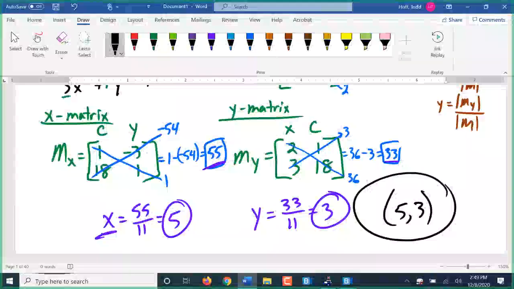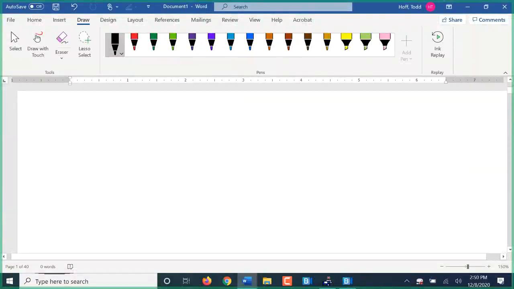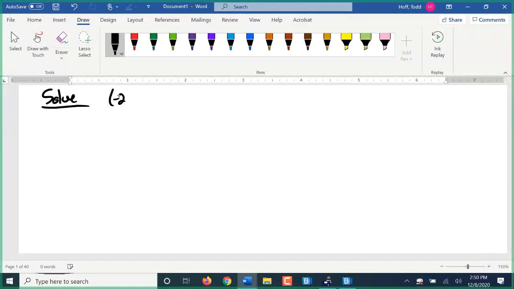Let's do one more example, then I'll have you try one. So we're going to solve this system here. 3x plus 4y equals 6.